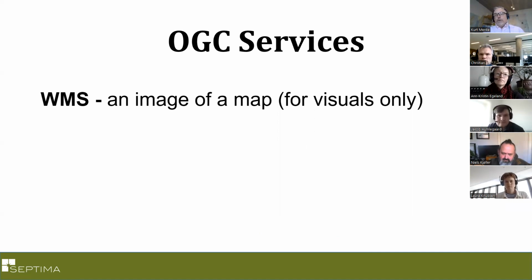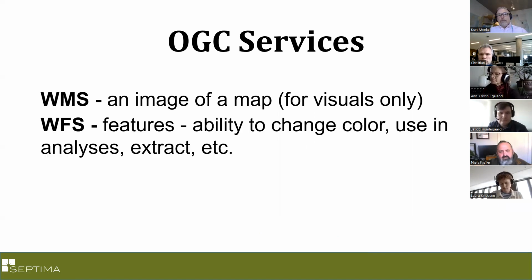This is really good for background maps or aerial photography and things like that. But if you're bringing in aerial photography this way, you don't get to interact with the actual data. It's just useful for a background map, and you can't change the symbology of it.